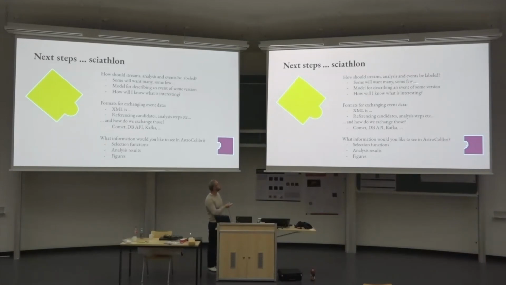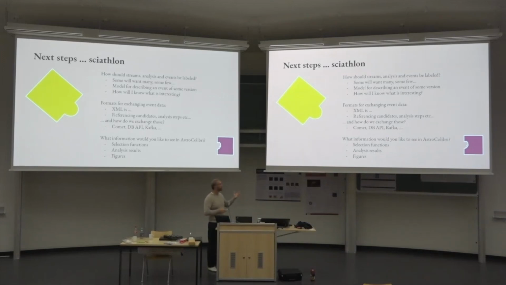Then we have the question of format and exchange, that in some sense I think should be easy things to just agree on. Let's see if it works. And then of course, I think it would be very interesting to see what sort of information you would like to see in Astro-COLIBRI, right?